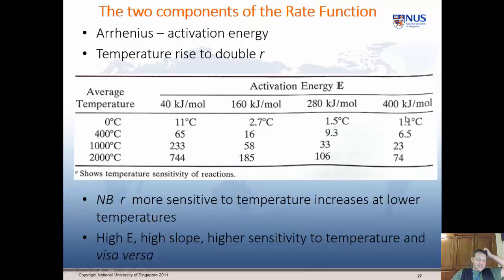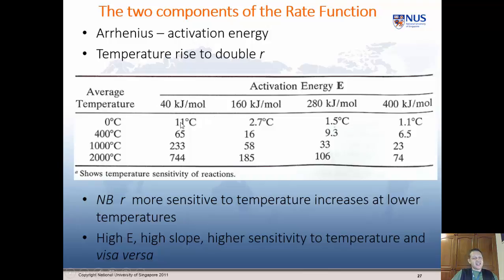The other thing to notice as well is the lower the temperature. So now we're going across horizontally here, comparing to the rows below. The lower the temperature, also the more sensitive. So at any activation energy, we'll just stick at 40.